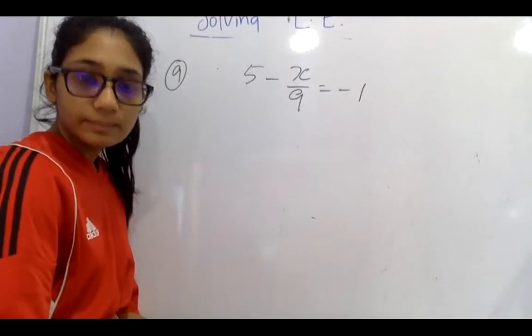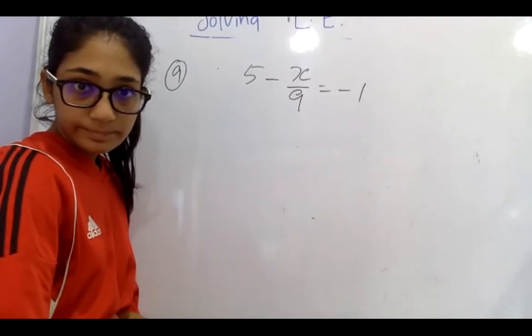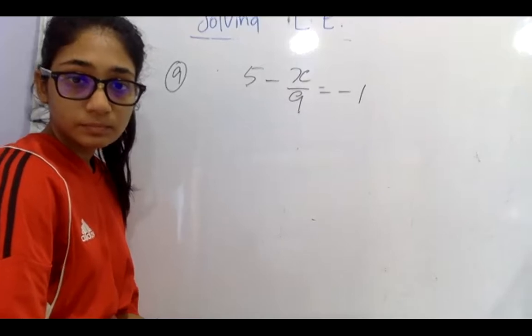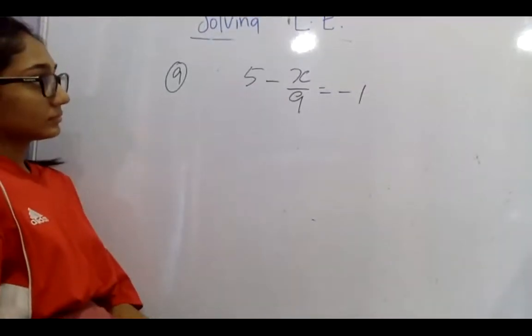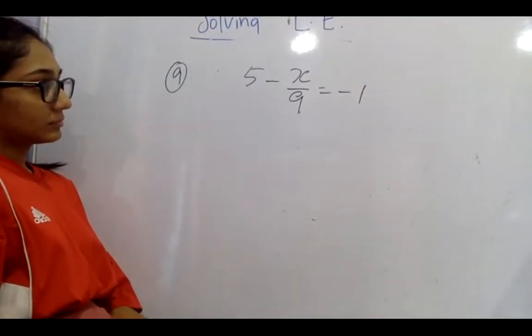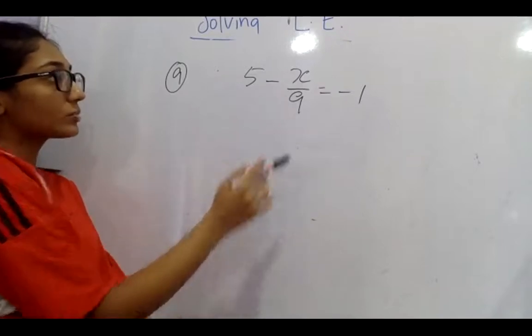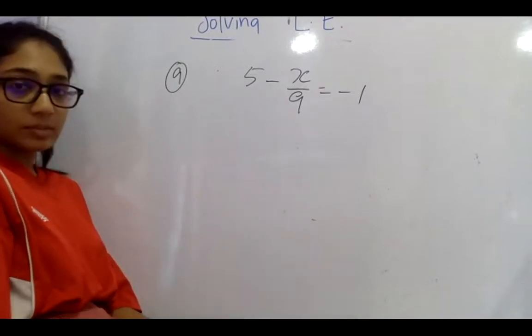Dhirenjan, can you try please? So my x is already on this side, so that's fine. So I want to move the numbers. So what do I do, Dhirenjan?